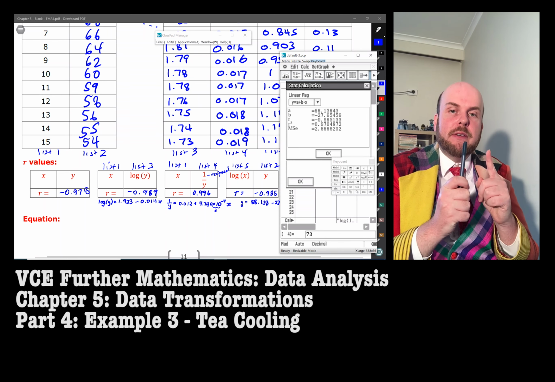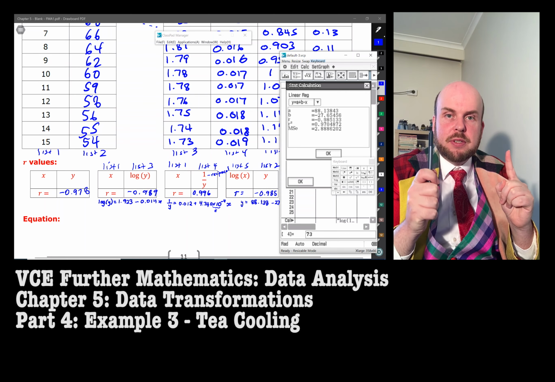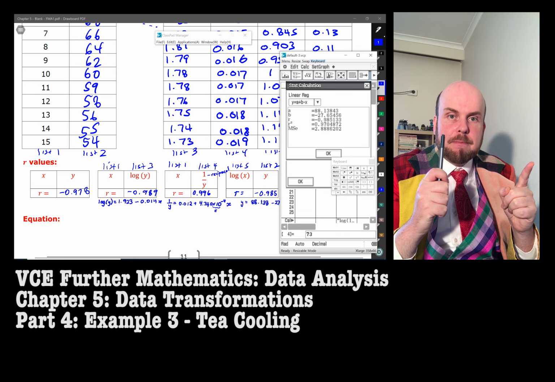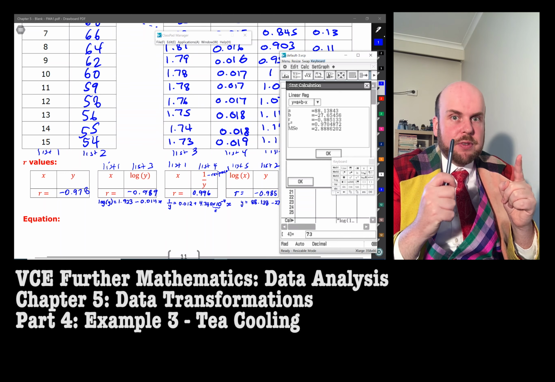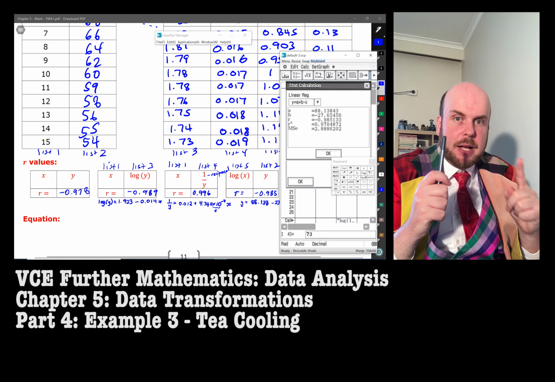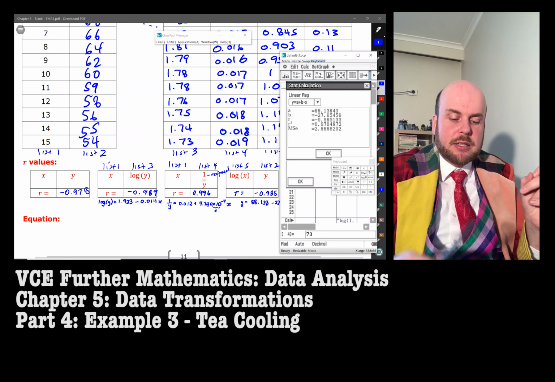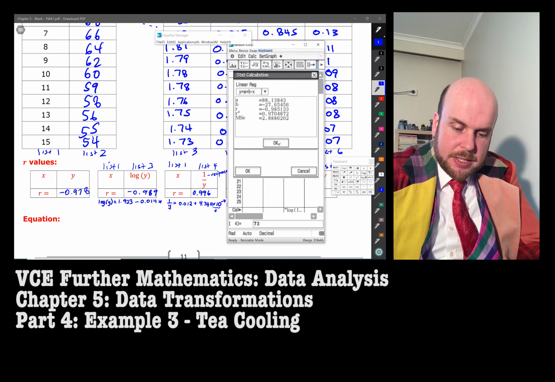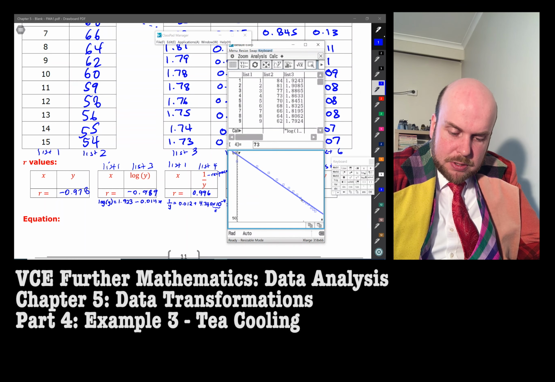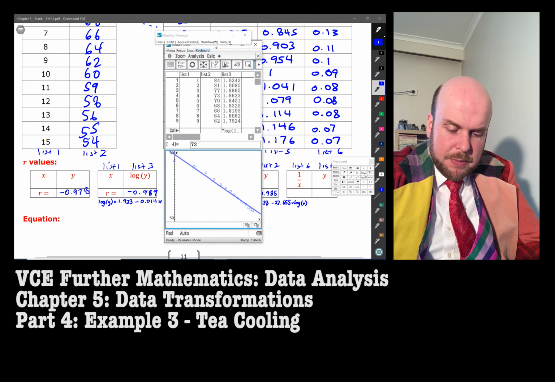So remember, we're aiming for whichever one is closest to negative 1 or closest to positive 1. Very rarely would you have a circumstance where they're equally close, and that would be a weird set of data to have, but that's what you're aiming for when we're trying to see which one is the best. Let's just have a look at what it looks like. Oh yeah, we've got a big clump over here. Still a little bit of a curve, but it's doing okay.